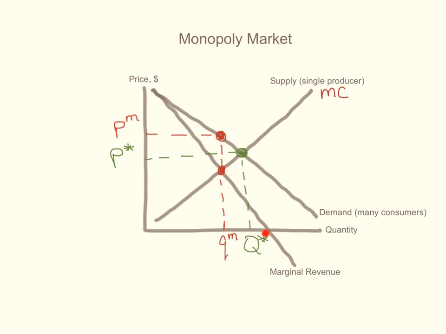So there's going to be fewer consumers that end up getting the product compared to a perfectly competitive market. The individual who benefits from a monopoly market is obviously the monopolist herself, this one producer. And the consumers would be clearly better off in a perfectly competitive market.